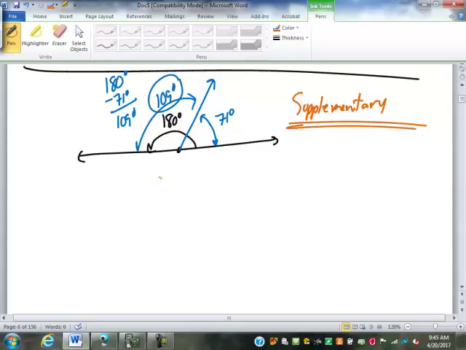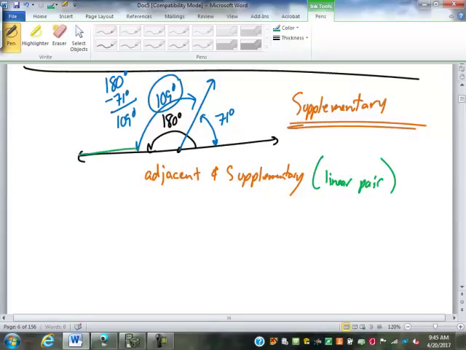Now these two angles are adjacent and supplementary. So it's actually something a little bit stronger called a linear pair. They're just a pair of angles that are forming a straight line.